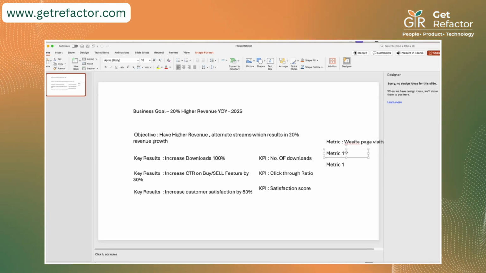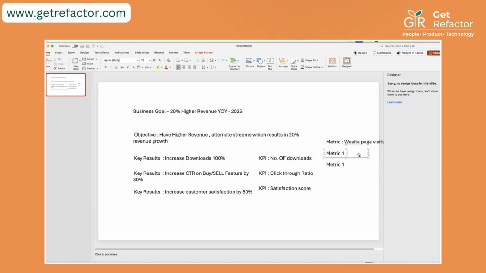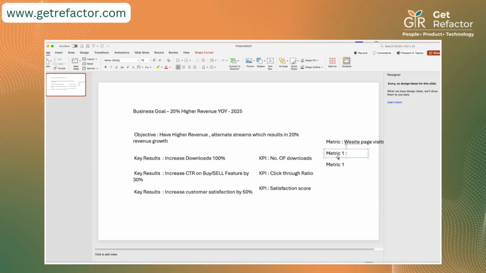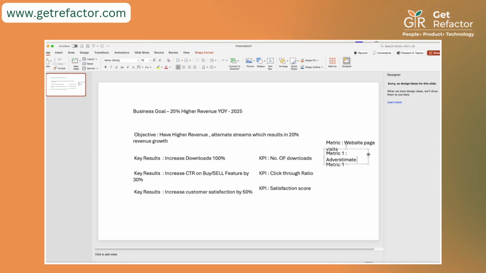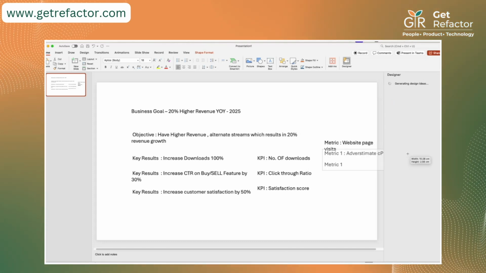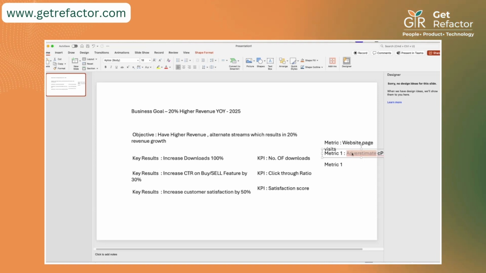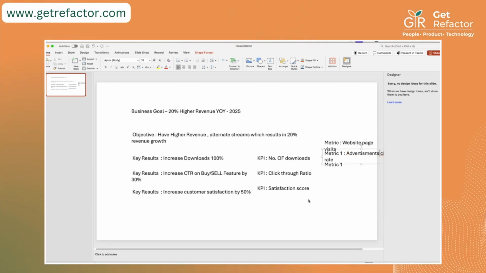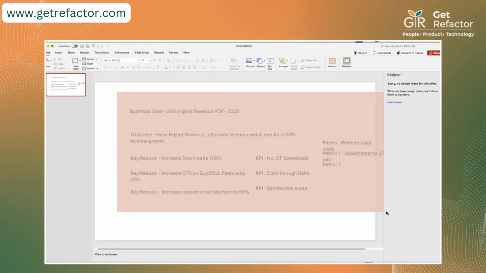So you have to see that, and possibly we can see advertisement clicks or CPM rate. So how are our advertisements working? So now you see a kind of relation between all of this.